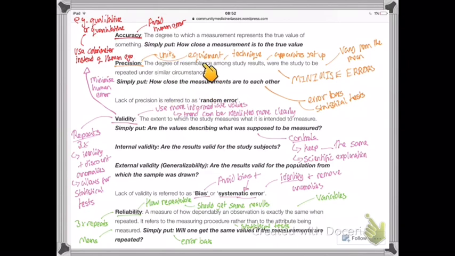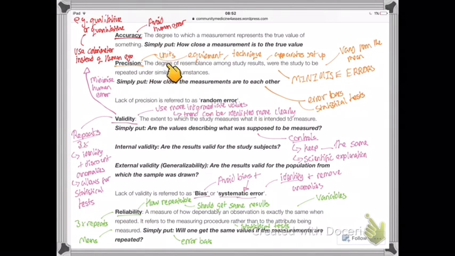To make something more precise, we should think about the equipment we're using and the units it's got. If you've got really large units, like centimetres and not millimetres, then getting an accurate and precise measurement is harder.